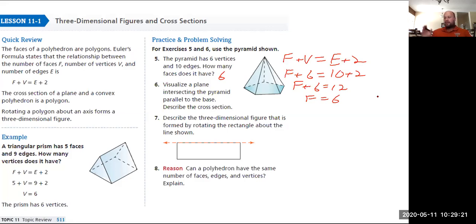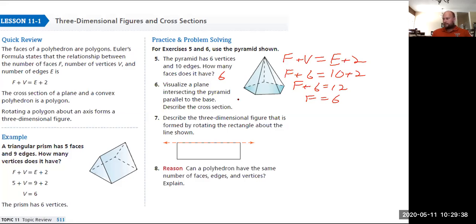So on this one, it'll be the same shape as the base, but it will be smaller than the base. So it'll be a similar figure, but smaller. You could even say it would be a dilation or a reduction of the base.